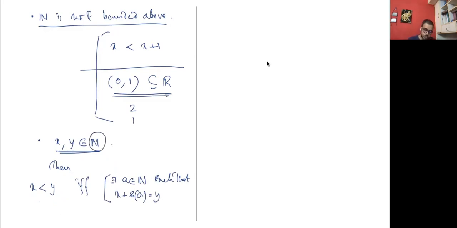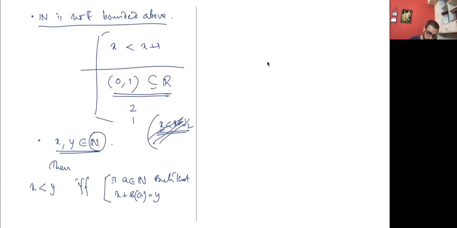This is not true in general for two real numbers. You can have other subsets for which this is not true.